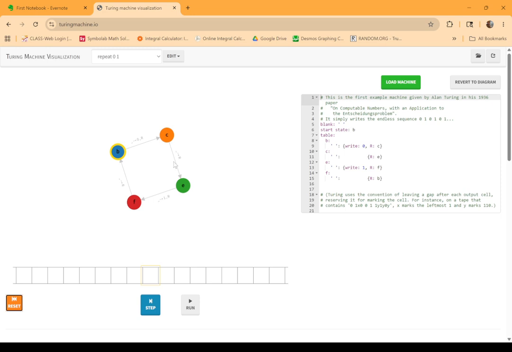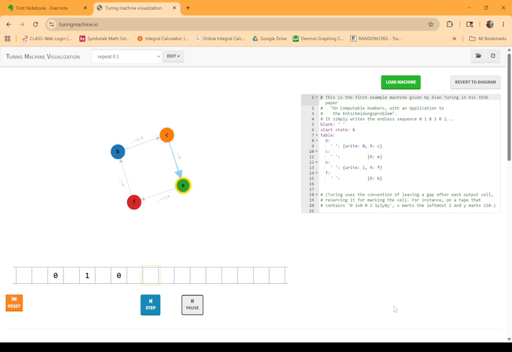Now, I'll end this by taking a look at a way to visualize our Turing machine. This is the first example machine given by Alan Turing in his 1936 paper, so this is what he visualized. I'll let it run, and you'll see the movement of it.